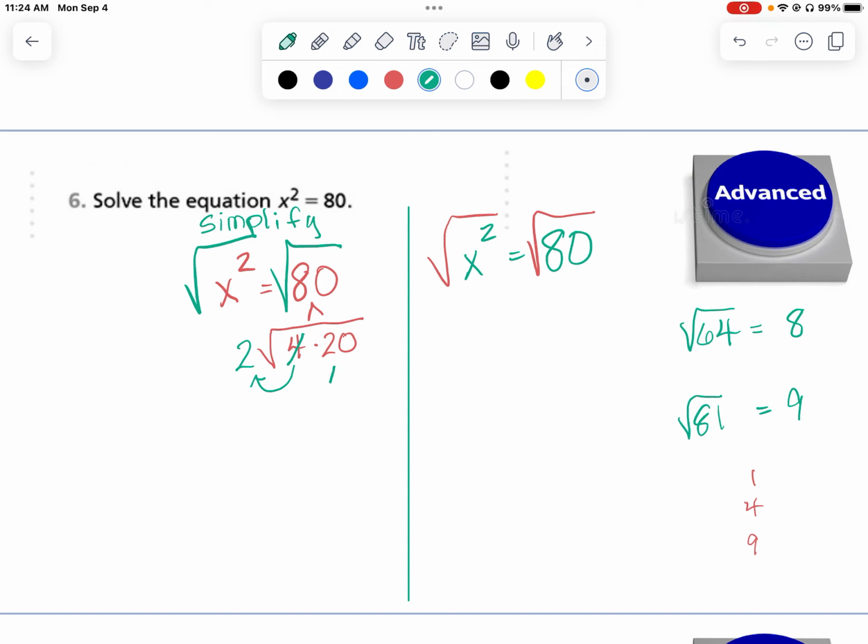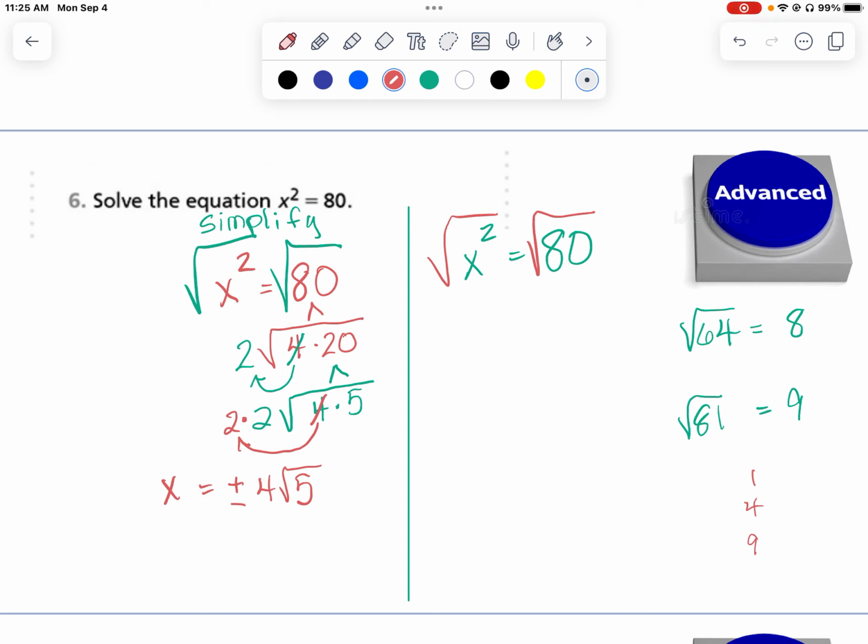I could factor pair 20 again and get 4 times 5. And this time again, I'm going to take the 4 out and find the square root of it. These are all multiplying factors, so everything's multiplication as this is working. And now I have 4 radical 5 is how you would describe this. It is an equation, so it could be plus or minus 4 radical 5.